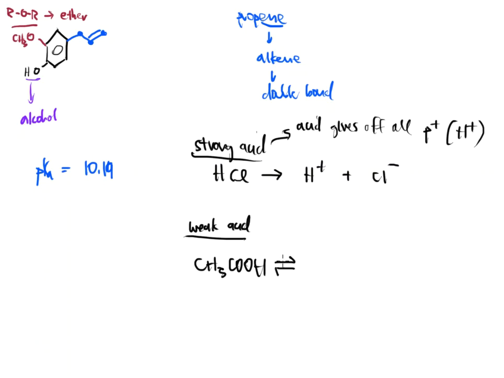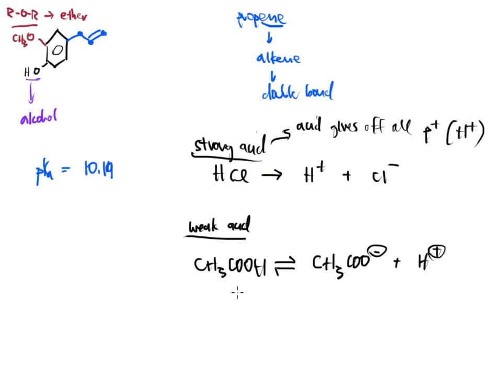That means it's not going to go to full completion. What will happen is that the CH3COO will come off, and some of the H plus will come off, but not all of it. That's a weak acid. Not all of the proton gets released, okay? And acetic acid, which is basically vinegar, is one of those weak acids.